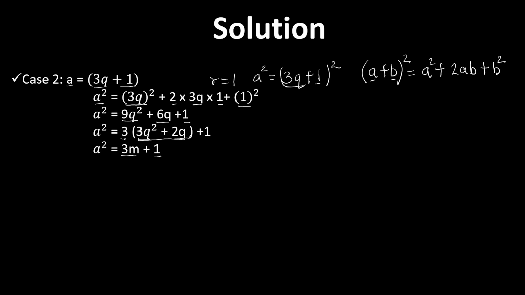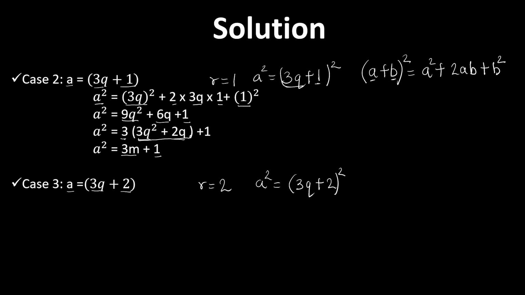Now let's look at the third case, where remainder is equal to 2. In case 3, we write the positive integer a as 3q plus 2. Here remainder is equal to 2. If we square both sides, a square equals 3q plus 2 whole square. In the same way we will use the identity a plus b whole square to evaluate this.